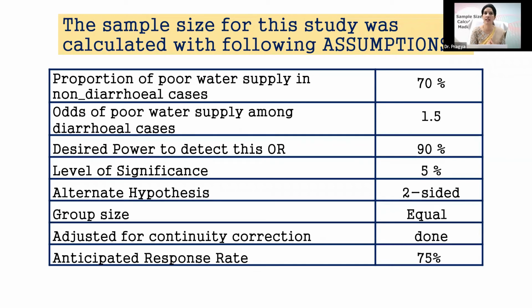In non-diarrheal cases it was 70%, and the odds ratio of poor water supply among diarrheal cases was 1.5. In this case, the power was 90%. It is a two-sided hypothesis, 5% level of significance. Anticipated response rate was 75%, and it was adjusted for continuity correction. So now you do this and tell me what is the value.